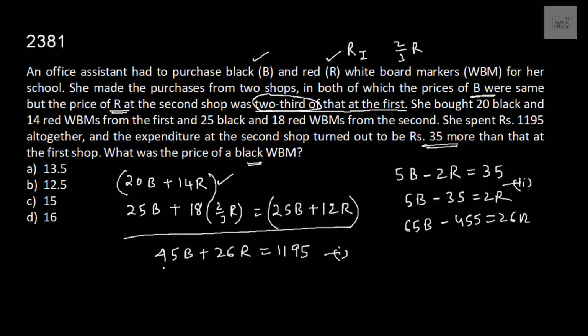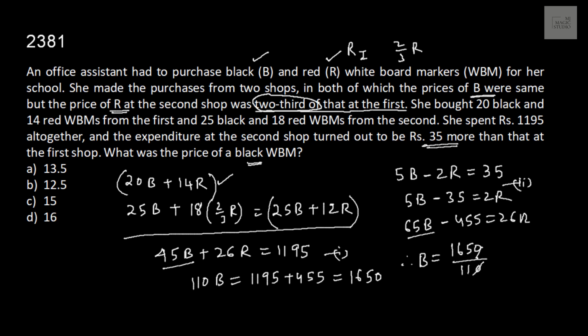I substitute here. 45 plus 65 is 110B equals 1195 plus 455, that is 1650. Therefore, the price of one black whiteboard marker is 1650 by 110, that is 15. And that features in option C.